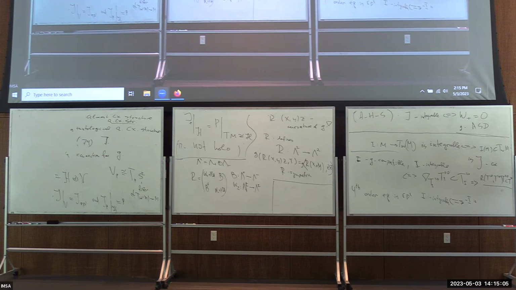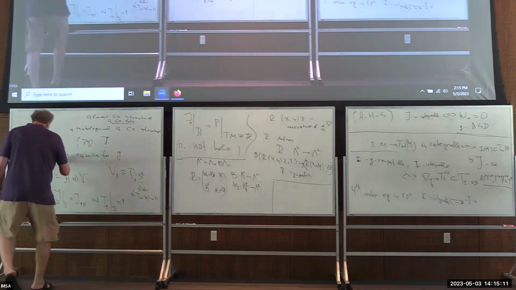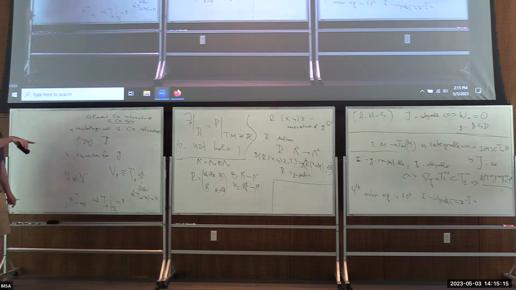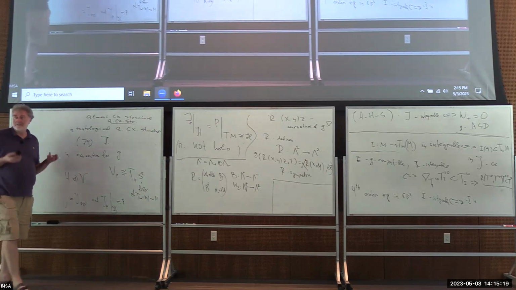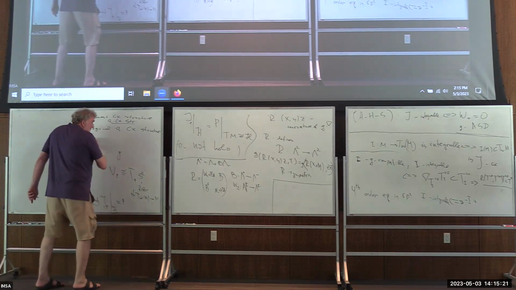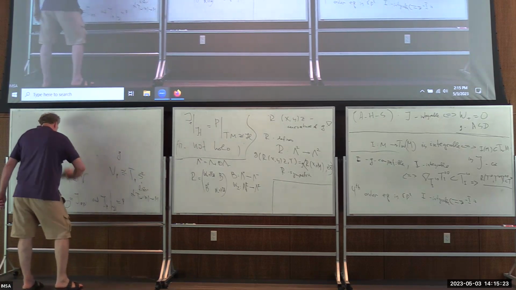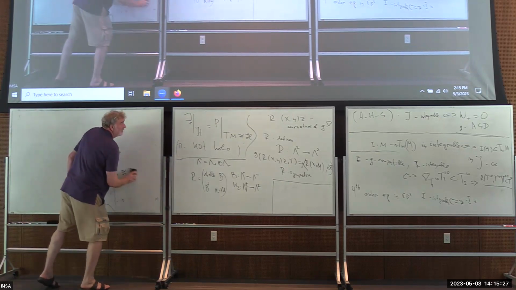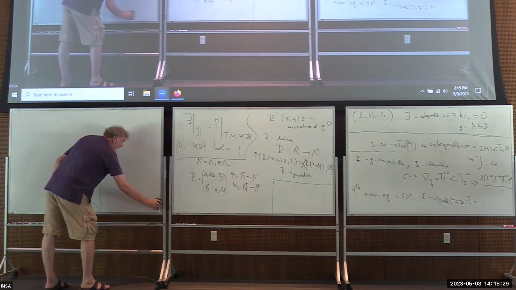I mean, if you get to generic metrics, this curvature condition cannot be satisfied for any function. Because it's generic. So the answer to the previous question is the following.